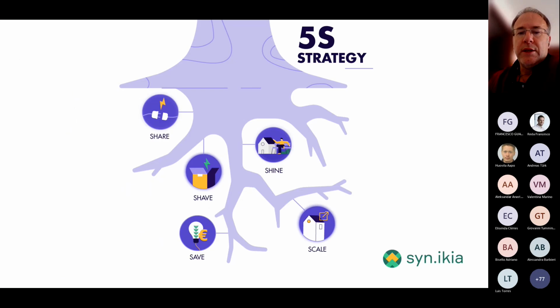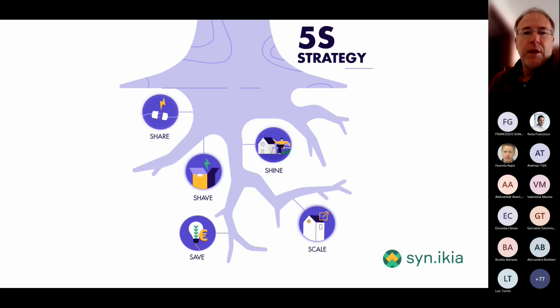And with a strategic view that our neighborhoods in the future will be able to share energy, to shine, the concept of taking profit of the solar resources and other renewable resources, to save energy of course, and also to save money, and also to scale the concept from the buildings itself to the neighborhoods.